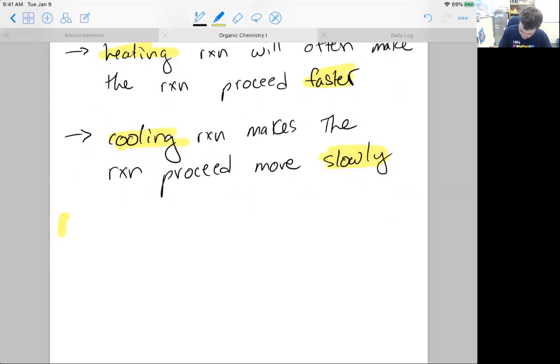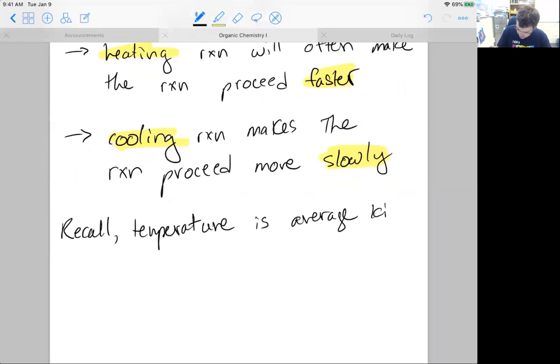So recall that temperature is the average kinetic energy of a system.